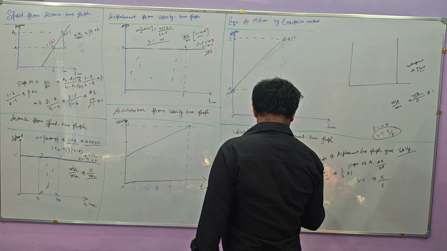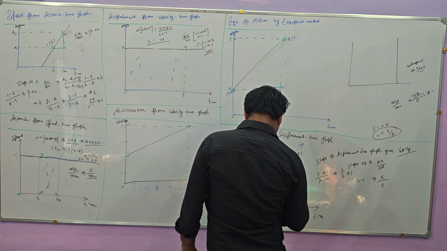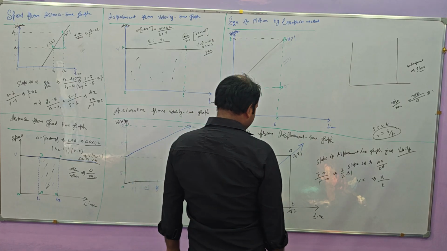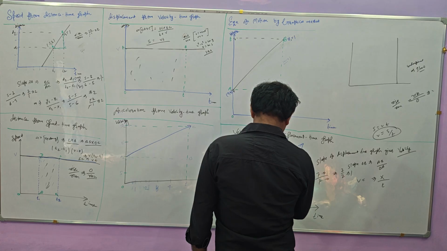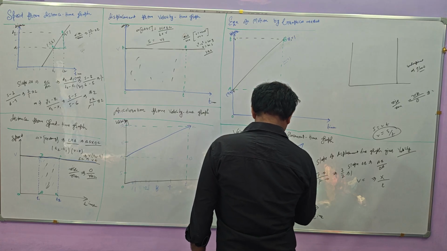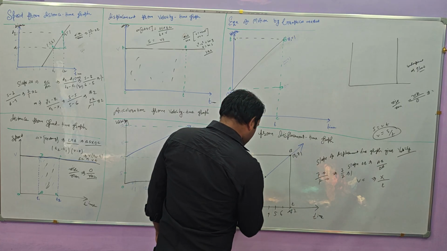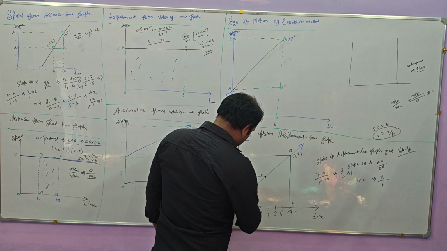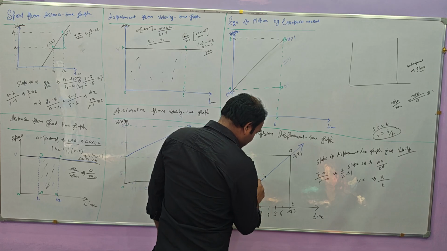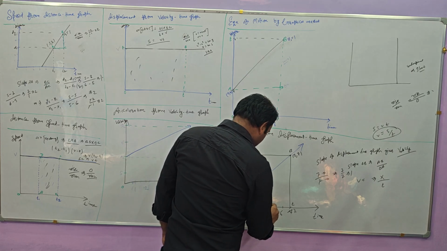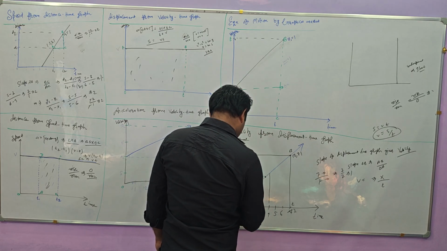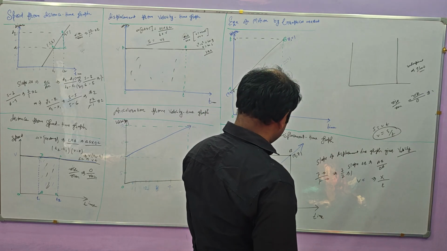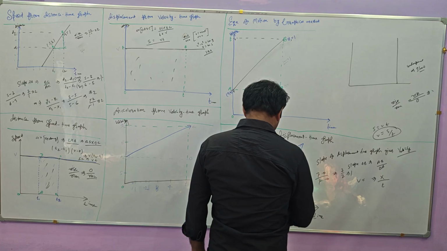We can also consider any other point like this. Suppose this is our point A, any point, and we draw a perpendicular line to this point.